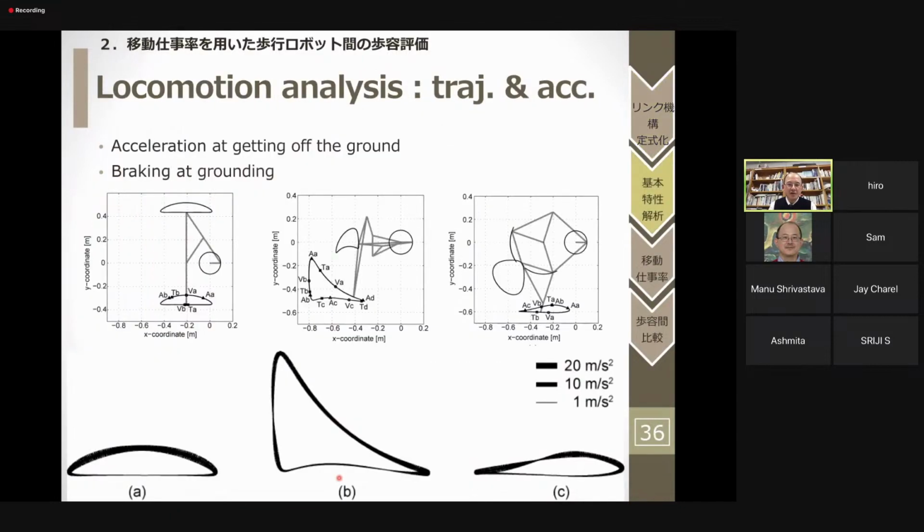This is the locomotion analysis, the trajectory and acceleration. Once you formulate this way, the computer calculates the motion and torque, the acceleration. And the Klann mechanism also exhibits some specific trajectory, the movement of the tip toward the leg. And then the Theo Jansen mechanism provides such a smooth motion.